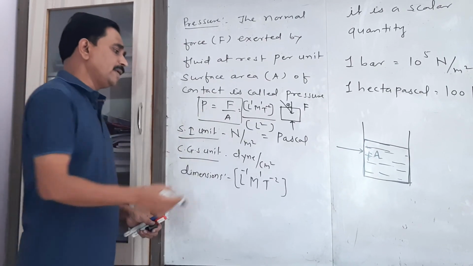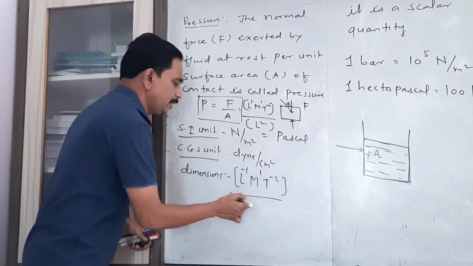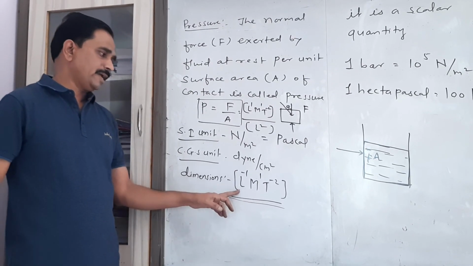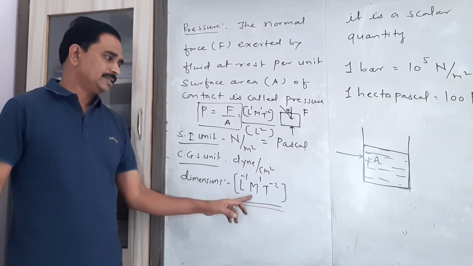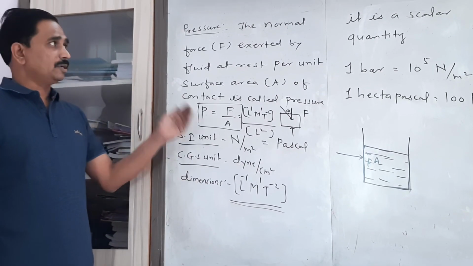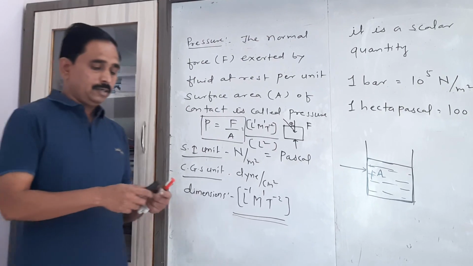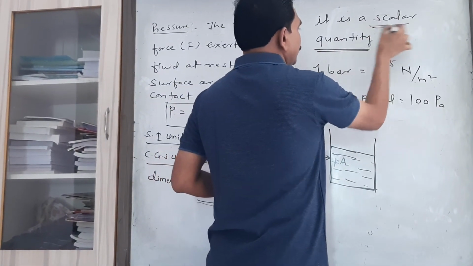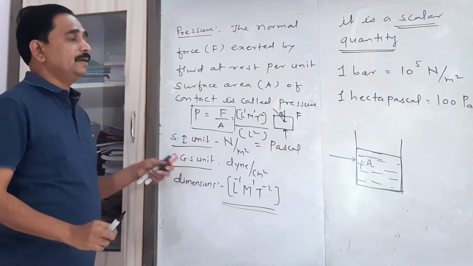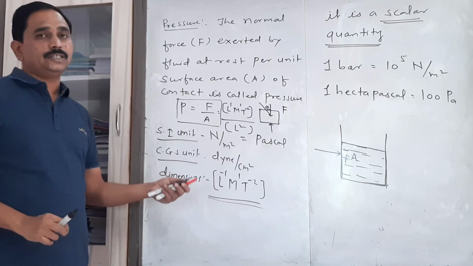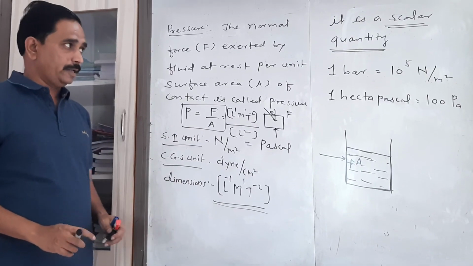Now if we simplify it, the dimensions of pressure are minus 1 in length, 1 in mass and minus 2 in time. Now if you consider the nature of pressure, for isotropic bodies we just consider the magnitude of that quantity. So pressure is considered a scalar quantity.